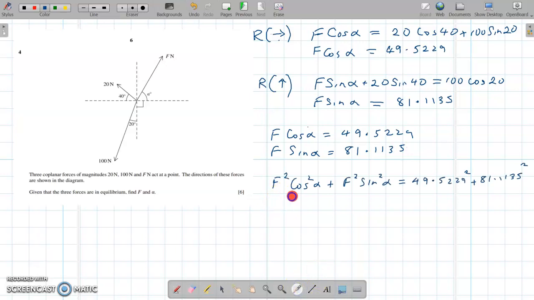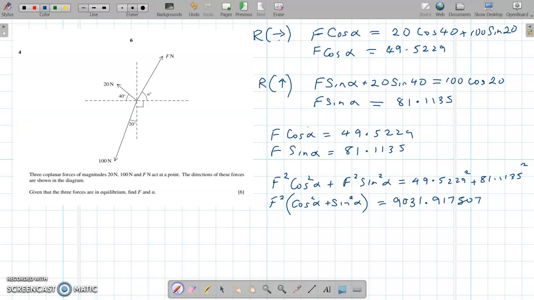You're thinking, well, why have we done that? Well, if you factorise this and take F squared out, you'll end up with cos squared alpha plus sine squared alpha, which is 1. So we end up with F squared equals 9031.917507.